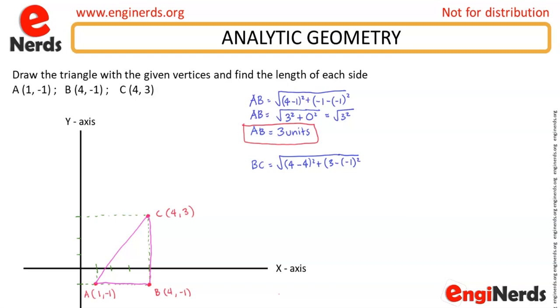Okay? So we have BC is equal to the square root of 4 minus 4 squared is equal to 0 plus 3 minus negative 1 is equal to 4 squared. So BC is equal to the square root of 4 squared, which is equal to 4 units.